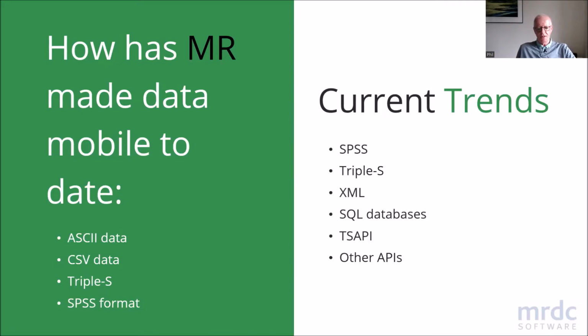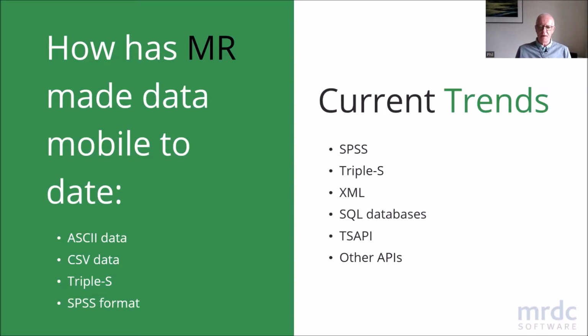The current trends, and there are some new kids on the block, as it were, are that yes, SPSS is still quite a standard, and as I look at the increasing number of data collection platforms coming on the market, SPSS now I think is overtaking SSS as a standard way of moving data from one system to another.